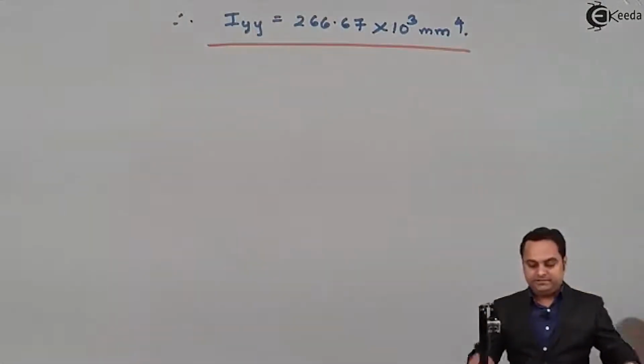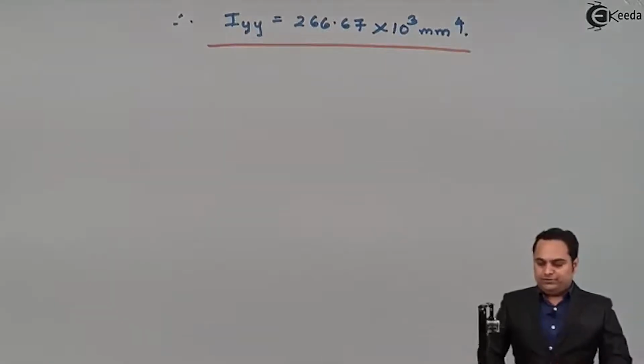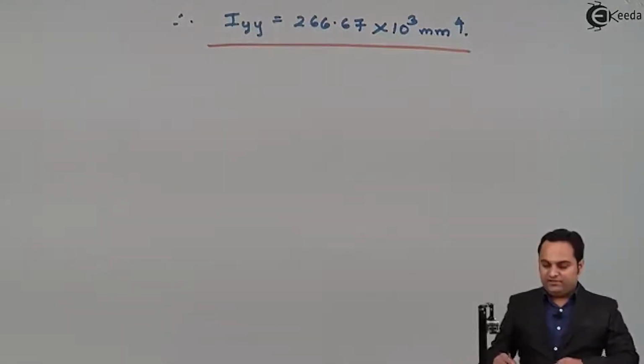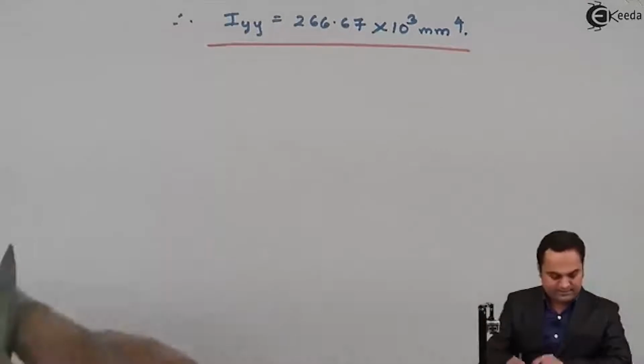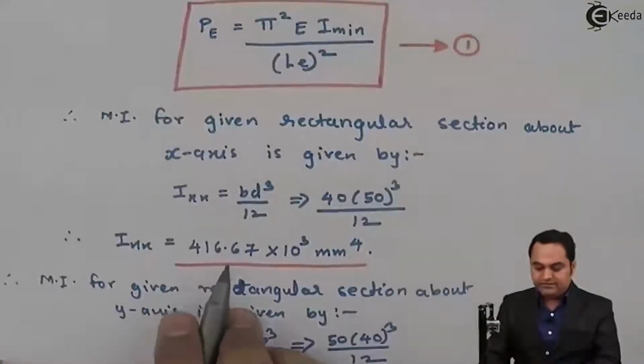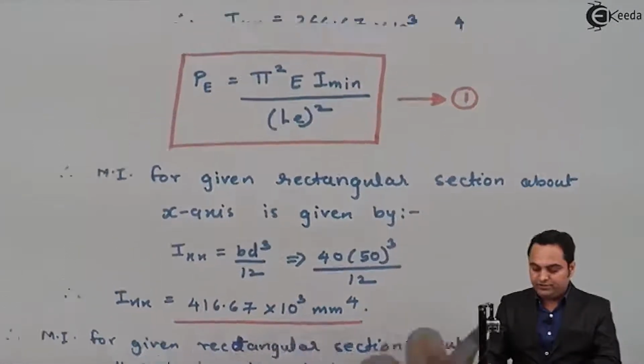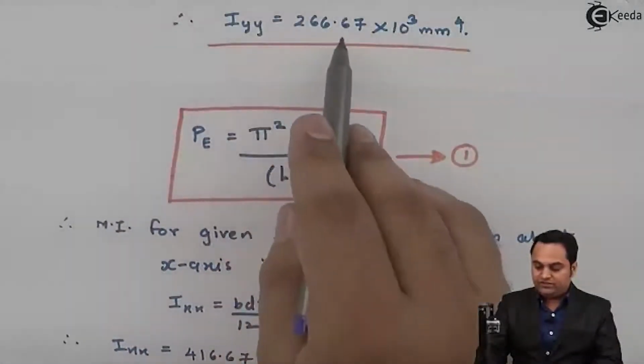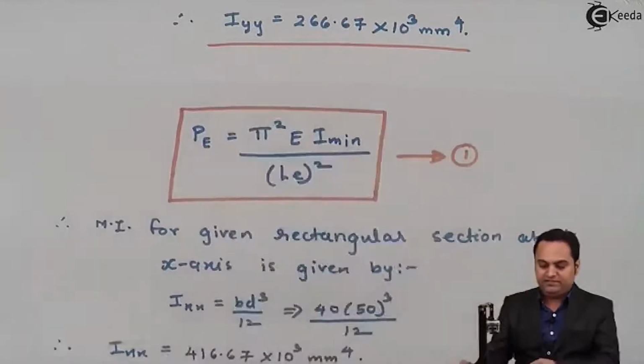Now after getting Ixx and Iyy, here I'll compare. Ixx value was 416.67 into 10 raised to 3, Iyy 266.67, so Iyy is less.